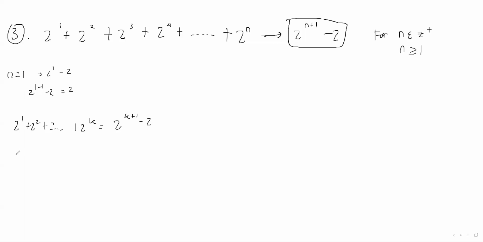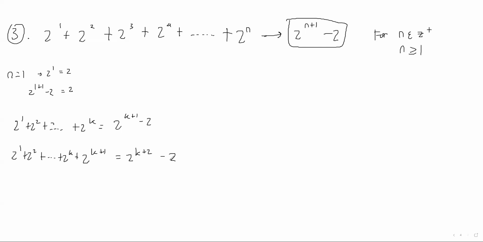And then if I want to find out the sum of the term after k, which is k plus 1, I'm going to end up with 2 to the power of 1 plus 2 to the power of 2 plus and so on, plus 2 to the power of k plus 2 to the power of k plus 1. So this is going to equal 2 to the power of n. Be careful, the n becomes k plus 1 now. So we're going to end up with k plus 2, yeah? K plus 2, and then minus 2.